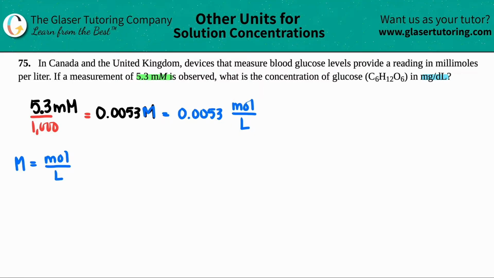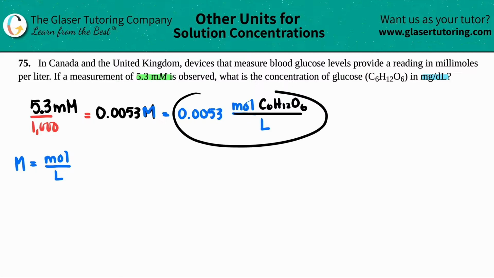Cool. Now, I'm just going to extend this out. And maybe that's good enough. Now, moles of what? They did tell us the compound. It's of glucose, so this is C6H12O6. Then I'll pull this over just to make it easier. Now what am I doing?